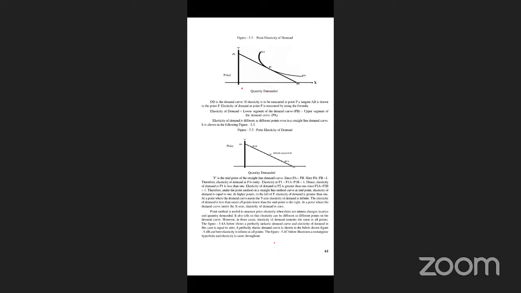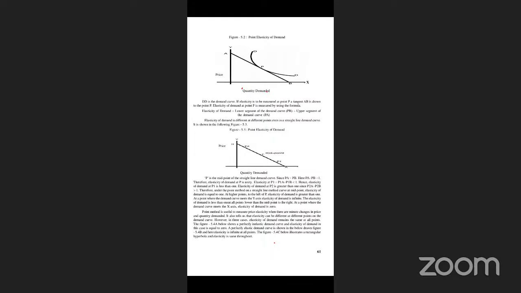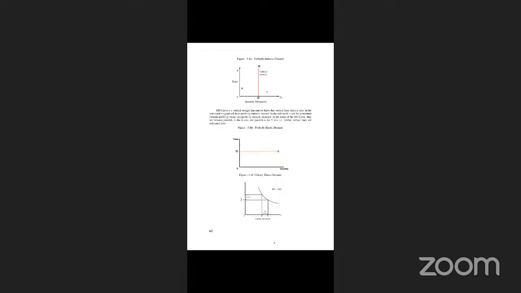Supposing the demand curve is not straight, unlike in the previous example, but is curve shaped. You can see the demand is curve shaped here. It is not a straight line, unlike in the previous. Here it is a straight line, AB, whereas here it is not a straight line.